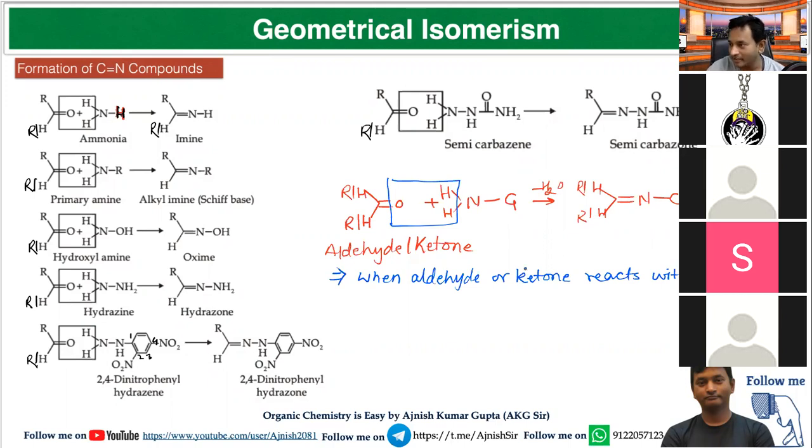So when aldehyde or ketone reacts with NH2G, then a carbon double bond nitrogen bonded compound will be formed.